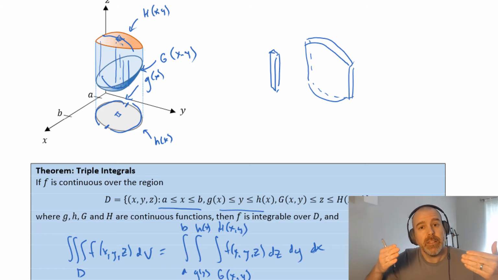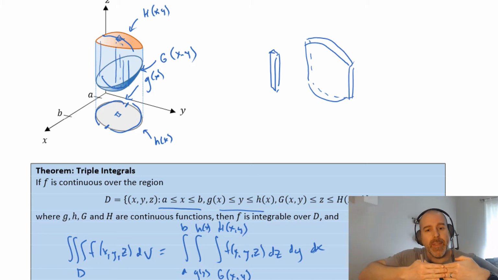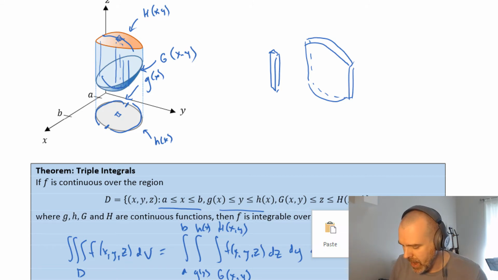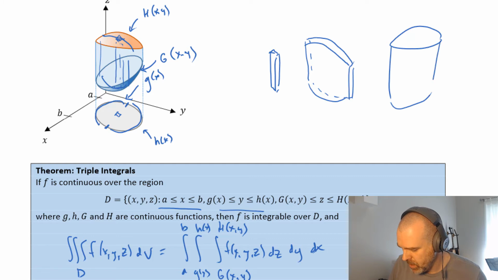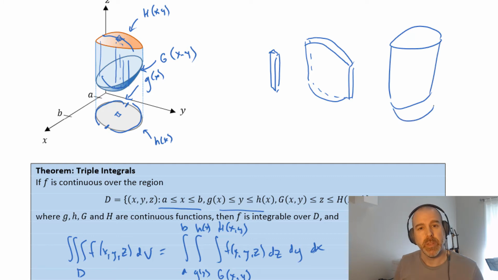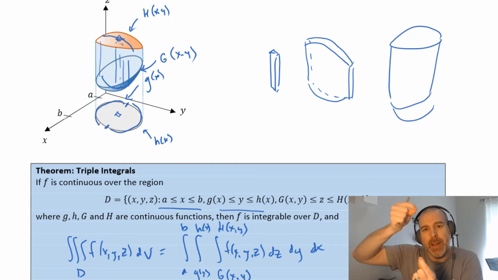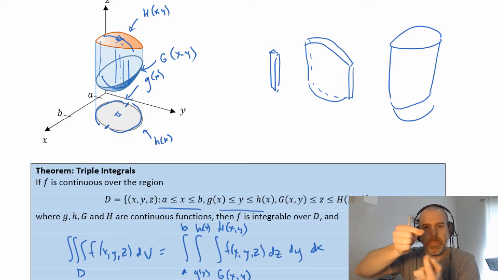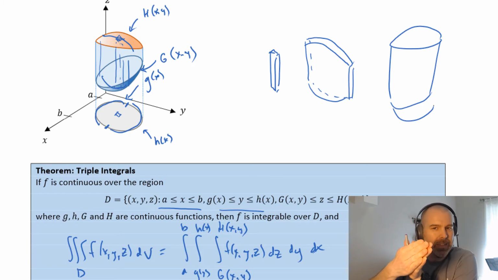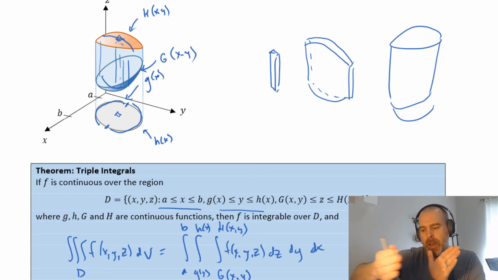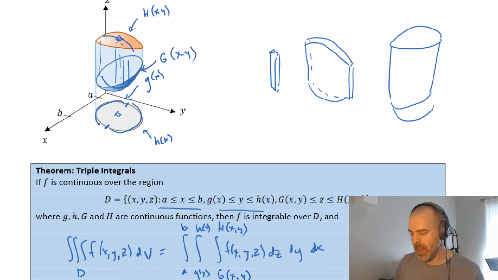But that slice depends on x, so then you add them up along the x-axis, and you get the full region when you're done. So first you get a little pillar by adding up the z's, then you add those up along the y-axis, you get a slice of bread, then you add those up along the x-axis and you get the full region.